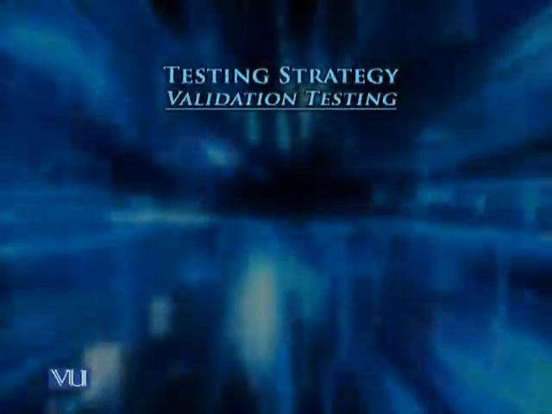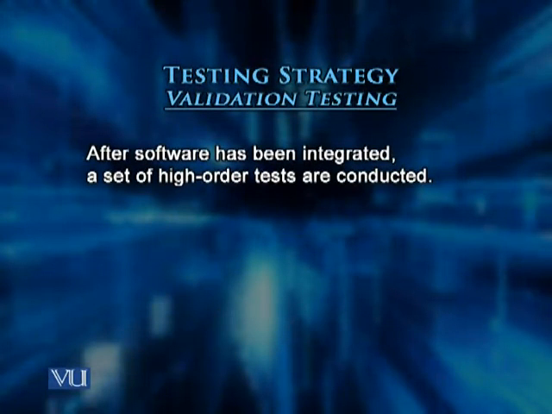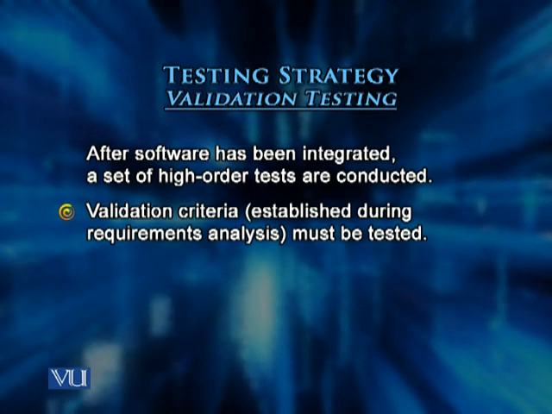As far as validation testing is concerned, once the software has been integrated, a set of higher order tests are conducted, and validation testing is part of that higher order testing. Validation criteria is established during the requirements analysis, or when the requirements model is agreed upon. The criteria that was agreed upon in the requirements model must be used to perform validation testing.